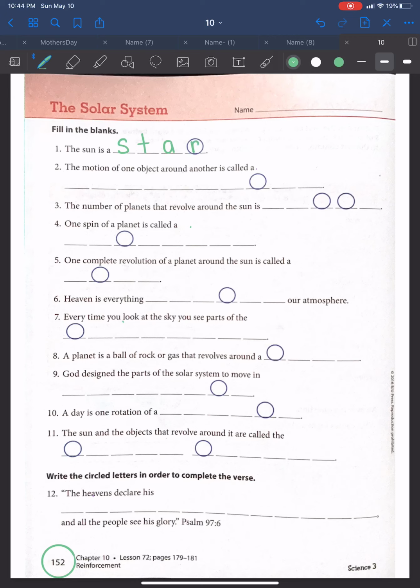The motion of one object around another is called this. Great job. A revolution. This is the number of planets in our solar system that revolve around the sun. How many are there? Great job. There are 8. Number 4.